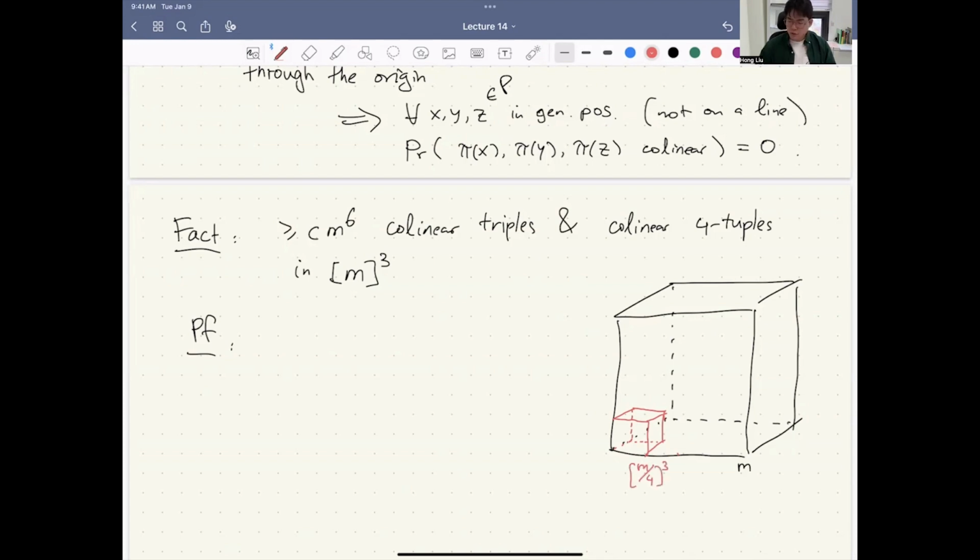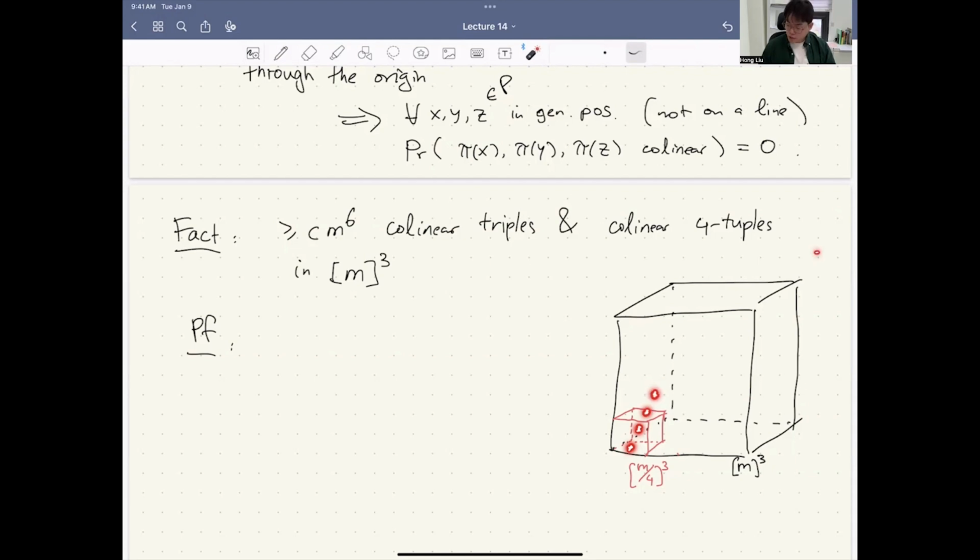Inside this smaller cube, if you pick any 2 starting points, and then use them to step 1 more step or 2 more steps, you get a collinear triple or collinear 4-tuple.